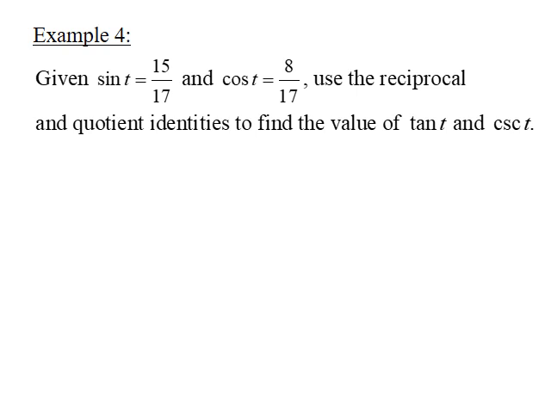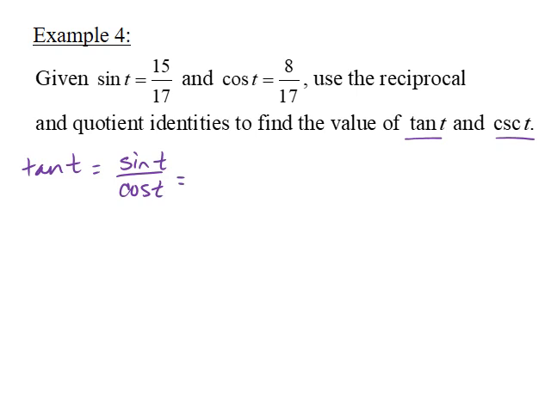Here's an example. It says sine of t is 15 over 17 and cosine of t is 8 over 17. Use the reciprocal and quotient identities to find tangent and cosecant. Well, as mentioned previously, tangent is sine over cosine.